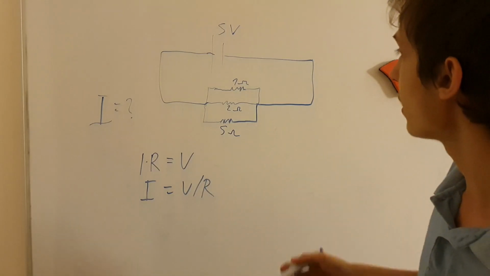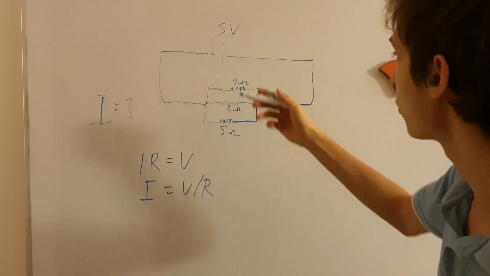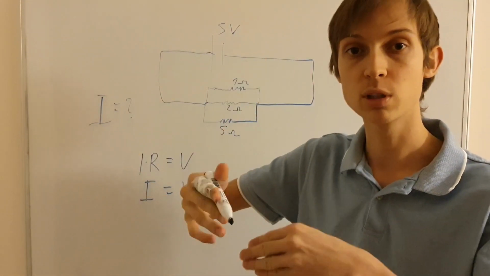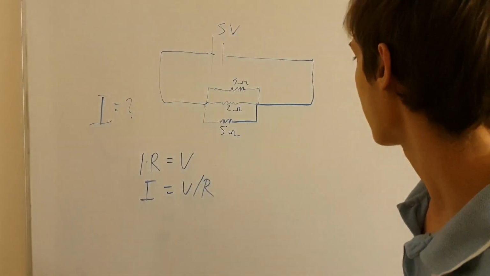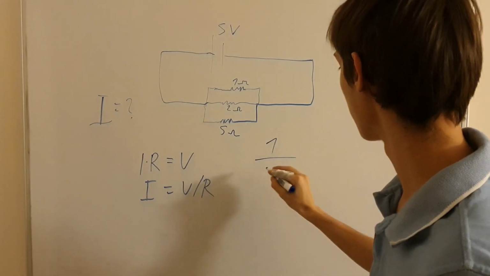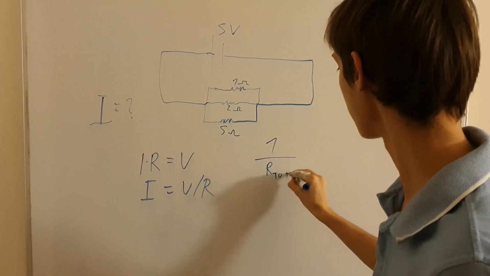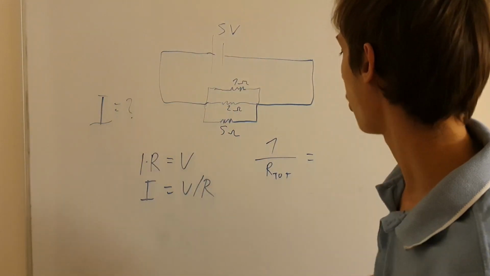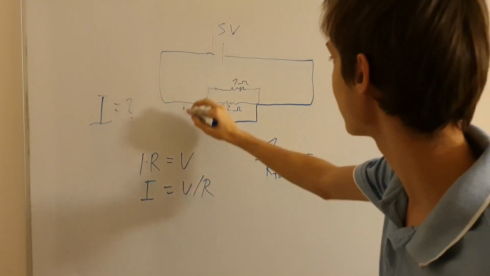Well, in order to rewrite a parallel configuration of multiple resistors, I can use this equation. So the total resistance of the parallel thing, not of everything, if there were more resistors here, of course that doesn't include, but it includes this part.